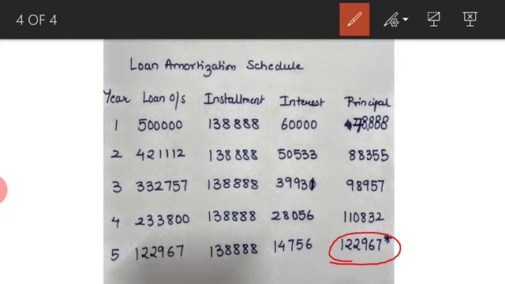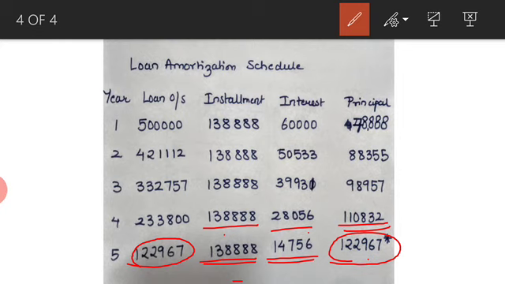Now this is very important. Okay, usually what we do, it is 1,38,000, that is installment minus interest will give you this amount. But in this year, if you do this installment minus interest, you get an amount which is more than this, which cannot be. Okay, this happens because of rounding off. We have not taken any decimal point, and we have rounded off all the figures, especially the interest figures.